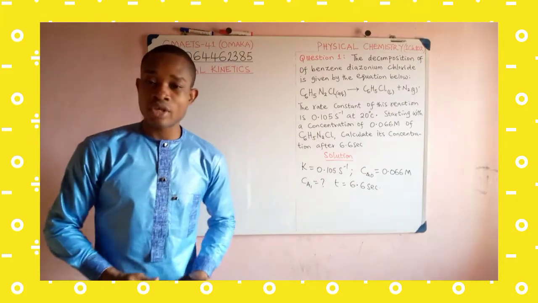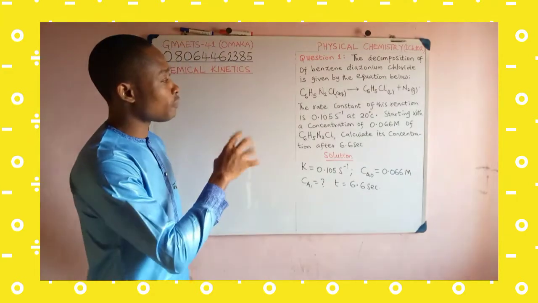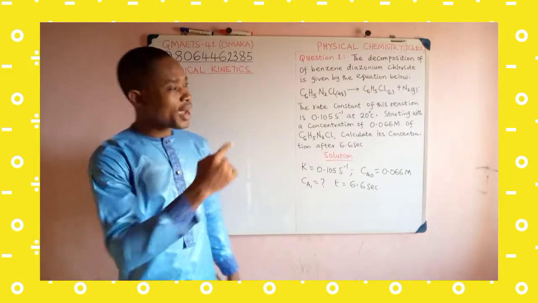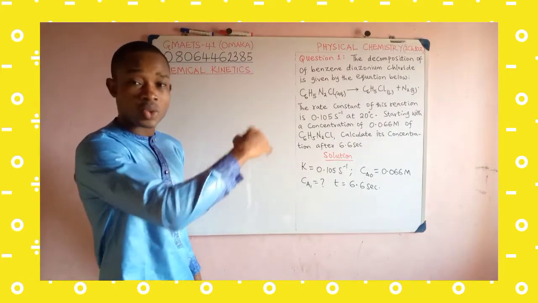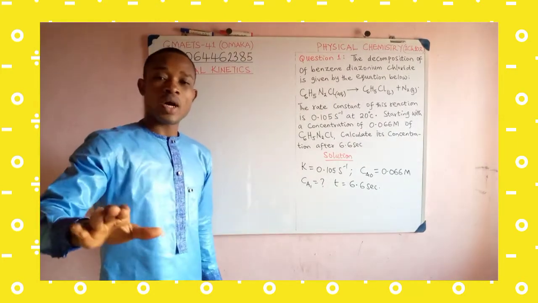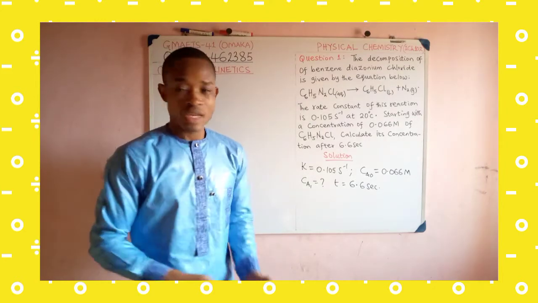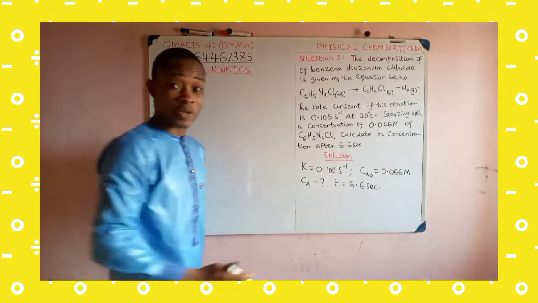The first thing we need to do is to find out the order in which the decomposition of benzene diazonium chloride followed. And how can we actually determine the order of the reaction here? Because it was not given in the question, as in it wasn't stated. This is why knowing the unit of the rate constant is extremely important. Now, the rate constant unit given to us is per second.